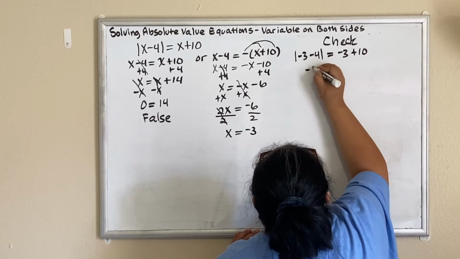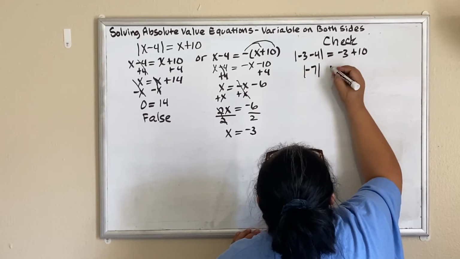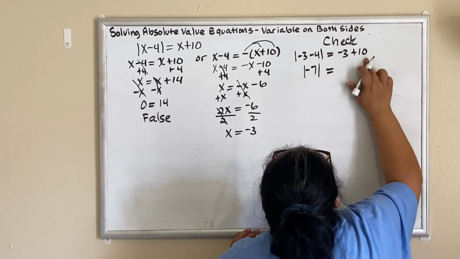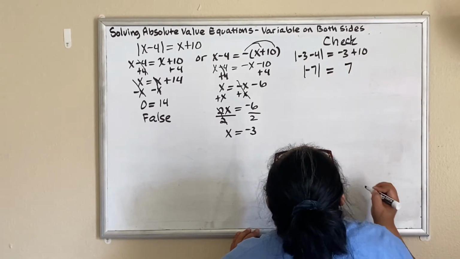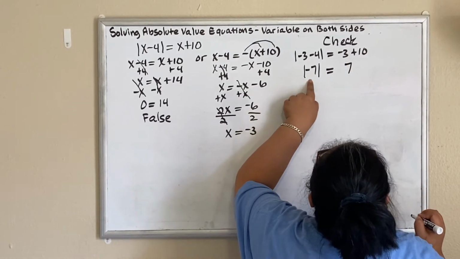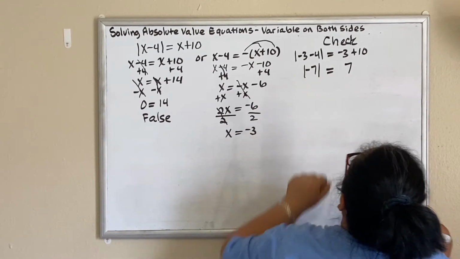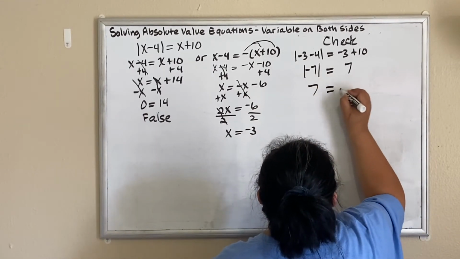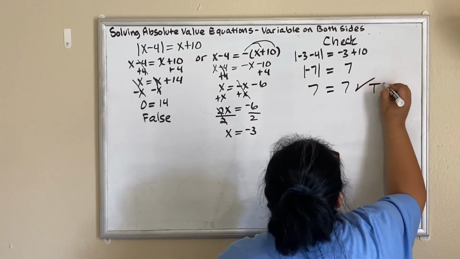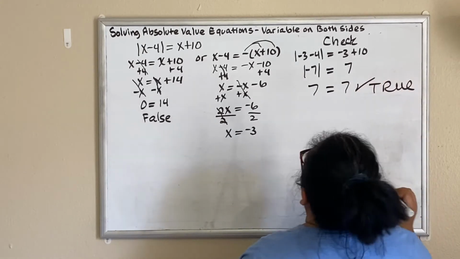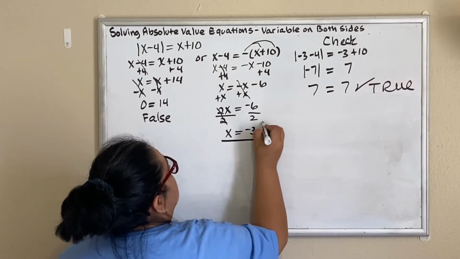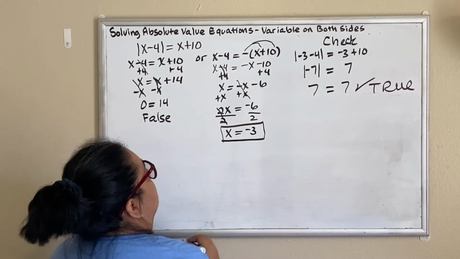Negative 3 minus 4 is going to be negative 7, so we have the absolute value of negative 7 equals negative 3 plus 10 is a positive 7. So now we have the absolute value of negative 7 equals 7. The absolute value of negative 7 is indeed 7, which equals 7, so this is true. So we get a true statement, so that means this is a solution.